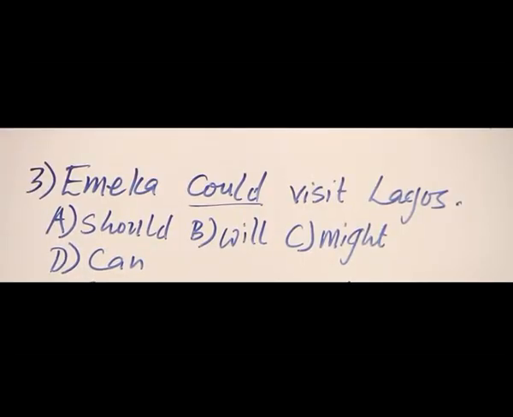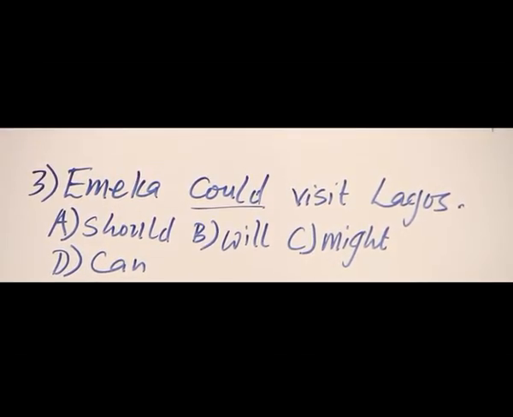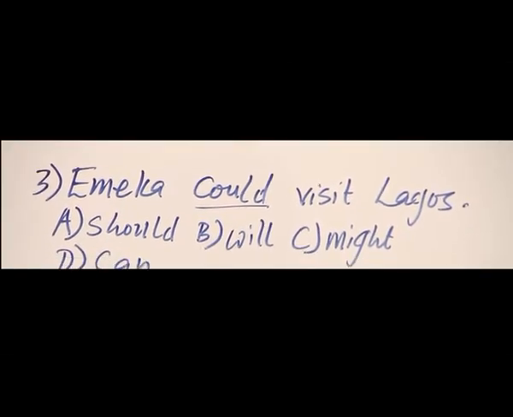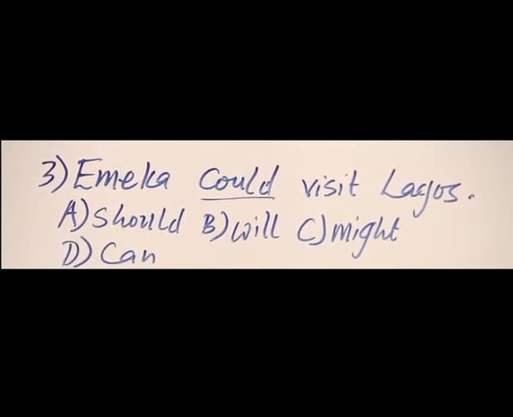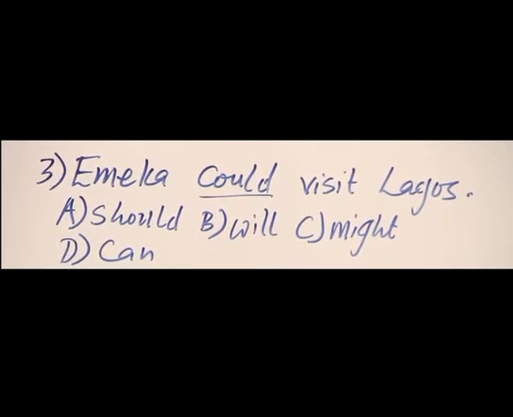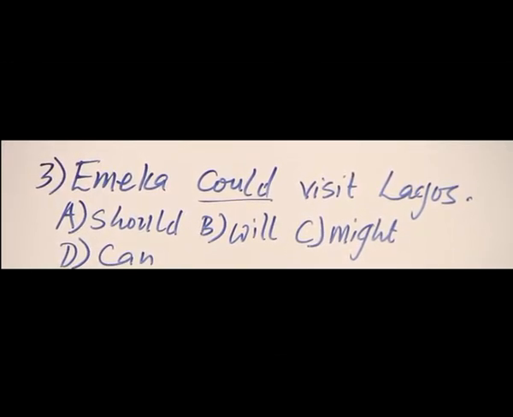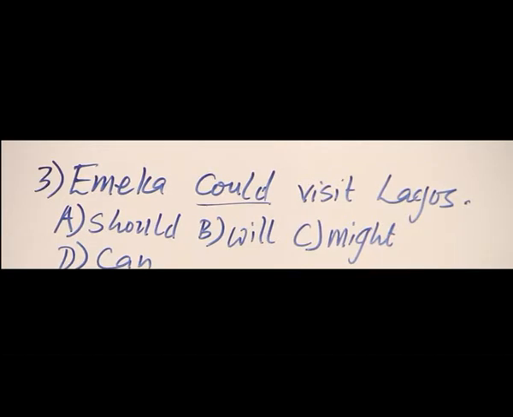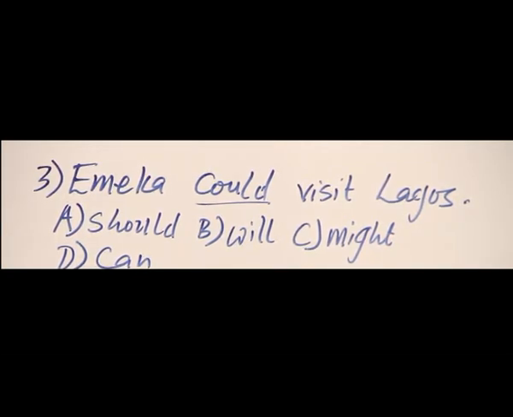Now, question number 3 reads, Emeka could visit Lagos. The word we're looking at is could. Now, this question has grammar laced into it, but of course, the weight is on meaning. The word could is an auxiliary verb, a modal auxiliary verb having the past form.